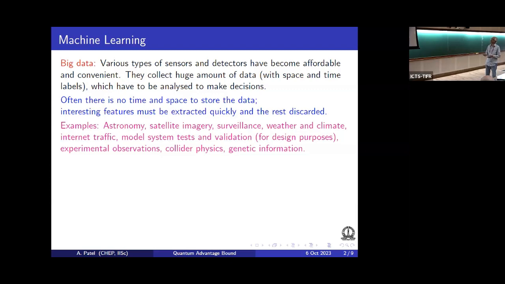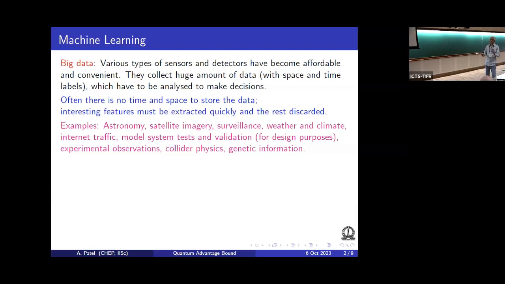So let me first give a little description of what machine learning is all about. It's essentially dealing with problems with big data. There are many different scenarios where sensors and detectors are picking up huge amounts of data. You don't have time to analyze it.